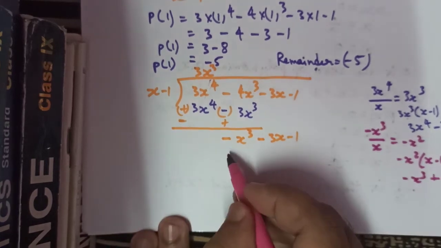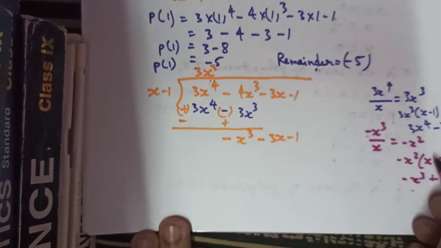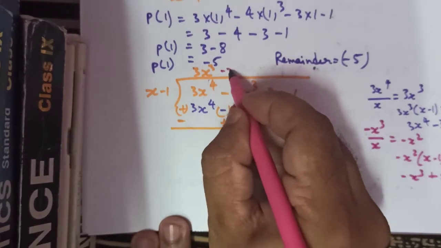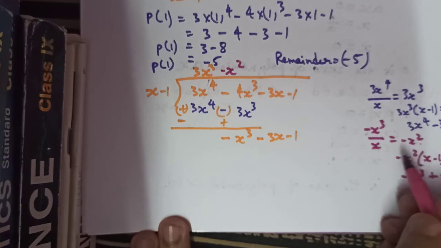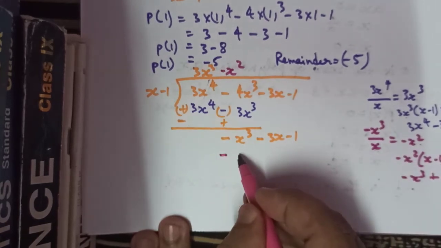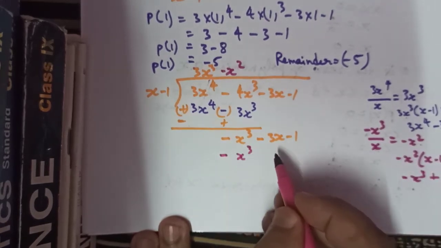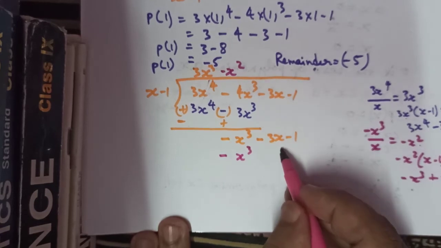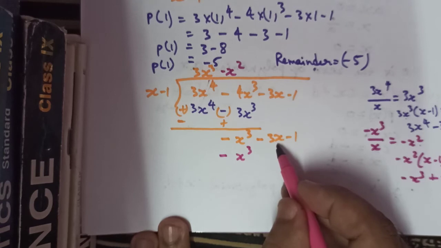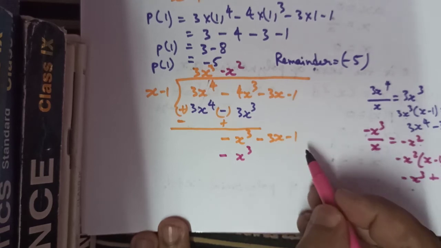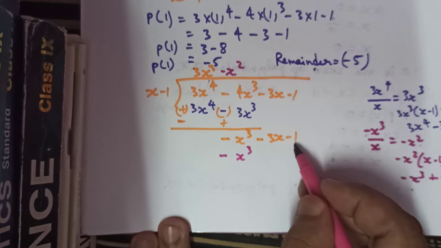So we can write here, first we will write the second term, that is minus x square, the second term of the quotient, and here we are getting minus x cube plus x square. Since we have minus 3x here and minus 1, we cannot write x square below minus 3x, and we also cannot write it below minus 1.